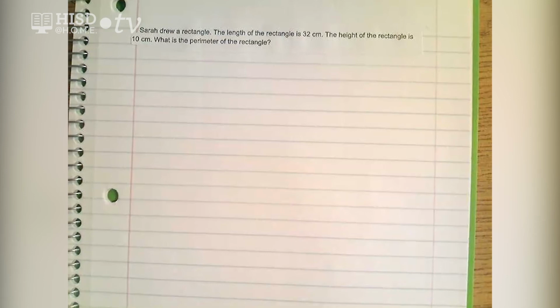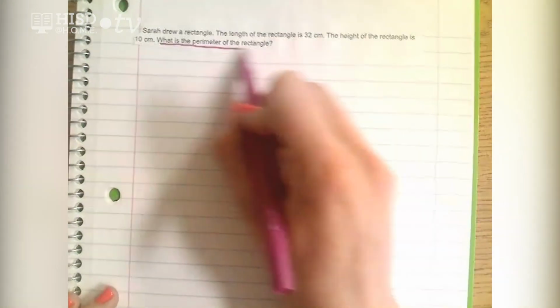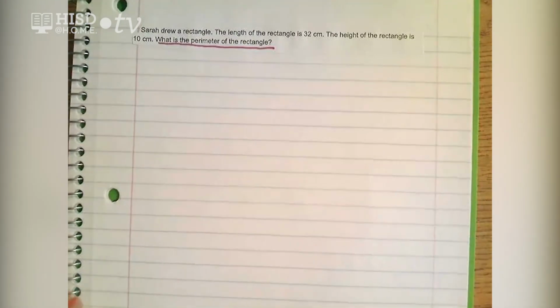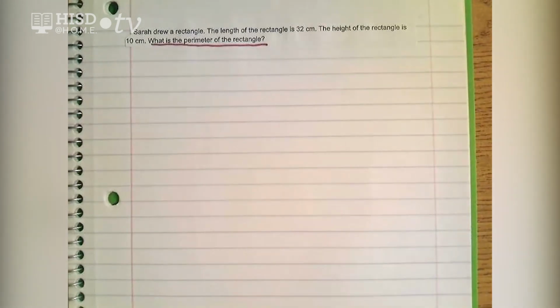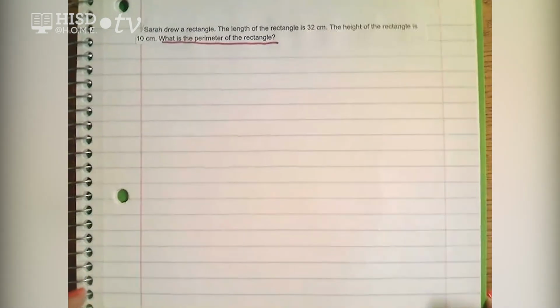So what we're looking for is the perimeter. What is the perimeter of the rectangle? And I'm just going to make myself an answer statement for this, even though I know all we've been doing is perimeter problems. But for the sense of when I see a problem like this, it may be other types of problems too.